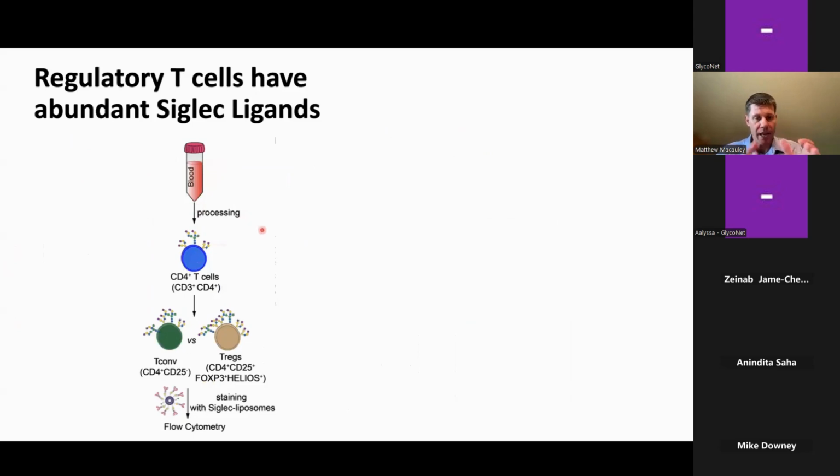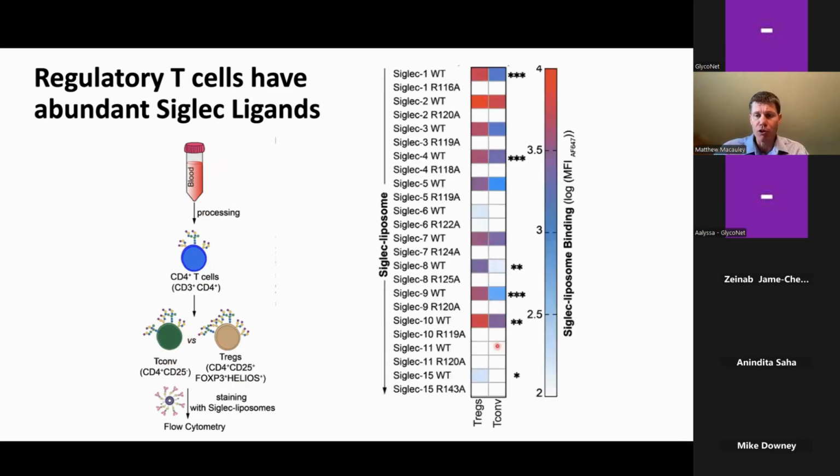She advised on the subsets to look at, and so she helped us figure out a scheme to gate on conventional T cells and regulatory T cells, again from peripheral blood. Furthermore, we also subset these based on naive versus activated. And I'm just showing the results in naive here.